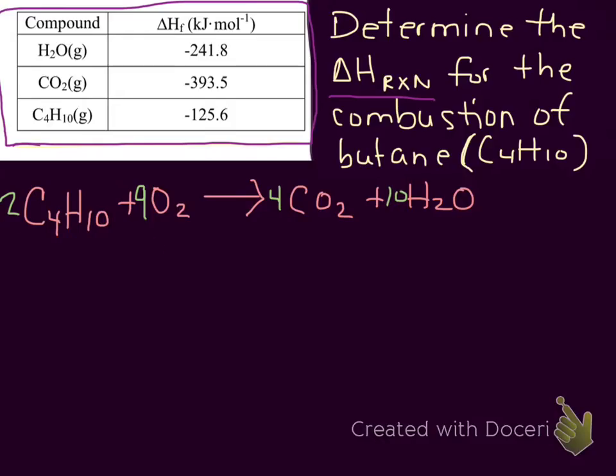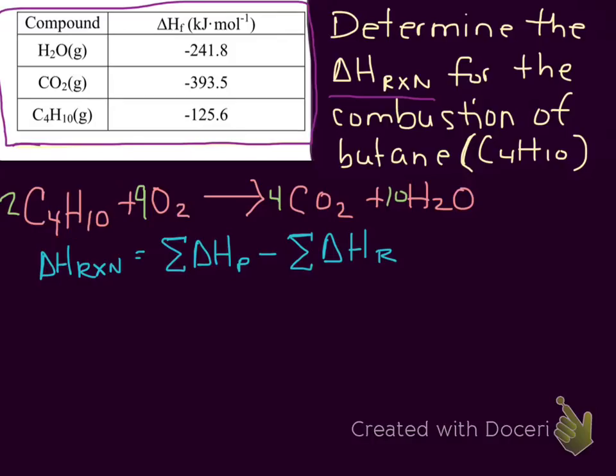All right, so the equation for heats of formation, to use it to solve for a reaction, is the overall heat of reaction, the delta H of the reaction, is equal to the sum, this sign means sum, if you don't remember from math, of the delta H for the products minus the sum of the delta H for the reactants.